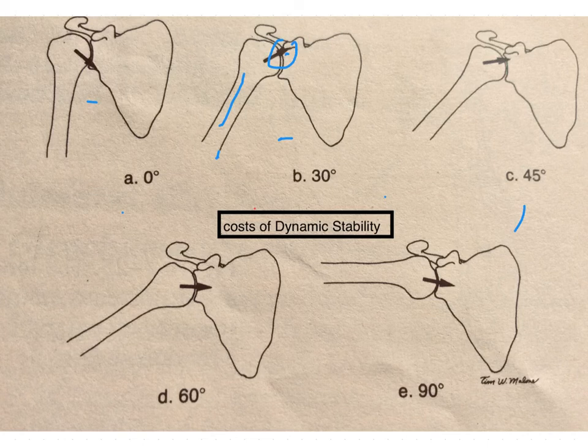So what is happening here during normal movements also? Because of this superior gliding of the humerus, the subacromial space is somewhat reduced and the pressure is increased on the structures which are present in the subacromial space.